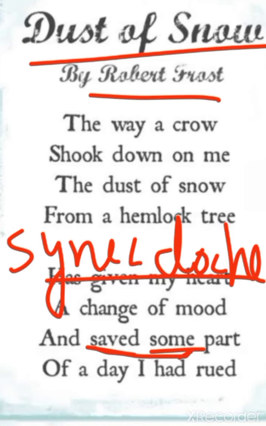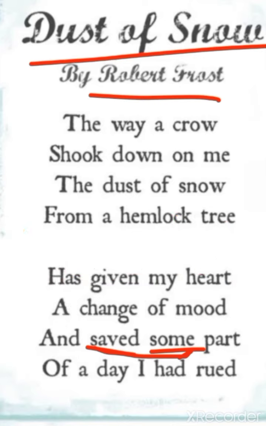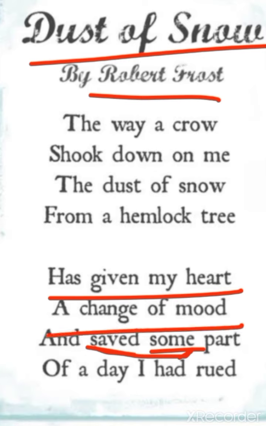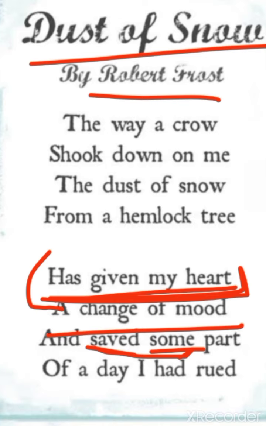For example, in this poem, it's written, "has given my heart a change of mood." Now here, "has given my heart" is synecdoche, because here the poet has a change of mood, not only his heart. So here his heart represents a change of mood. Where some represent half, where some represent the full object. Now here his heart represents his entire body.